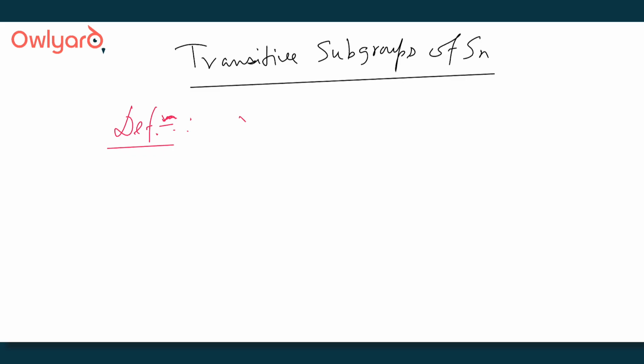Okay, so let's say that you have a set X of n symbols, 1 up to n, and S_n is our symmetric group with all the permutations.